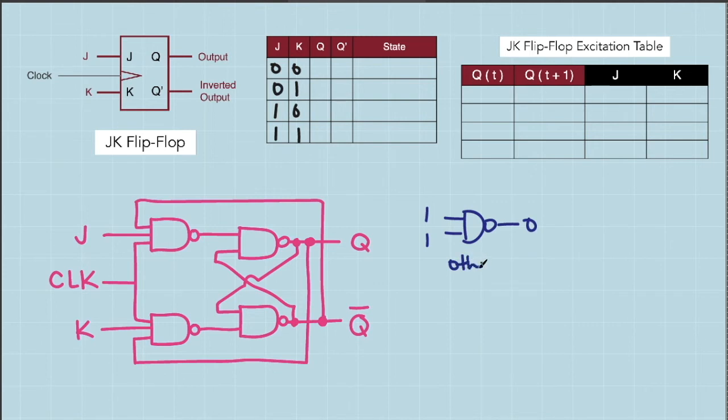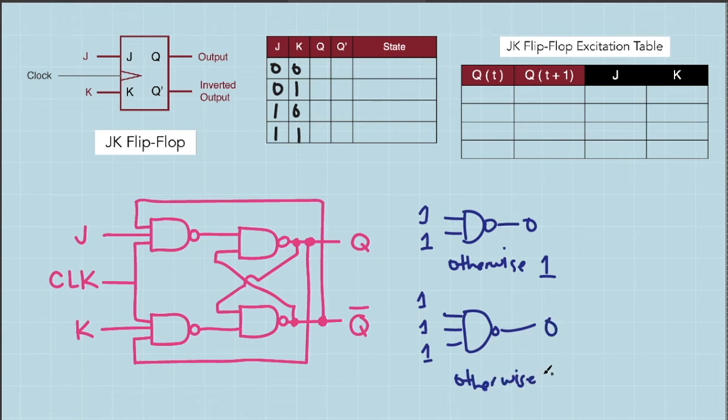Otherwise, this will be equal to 1. Next, if we have 3 input NAND gates, if all of these inputs are in logic 1, then this is the only time where this will result to an output of logic 0.